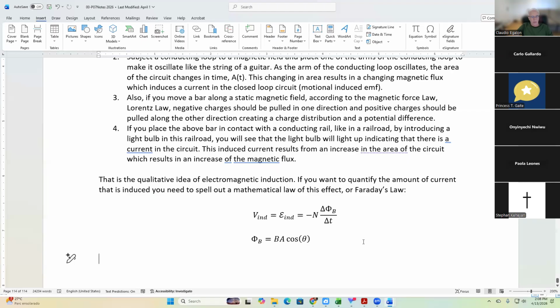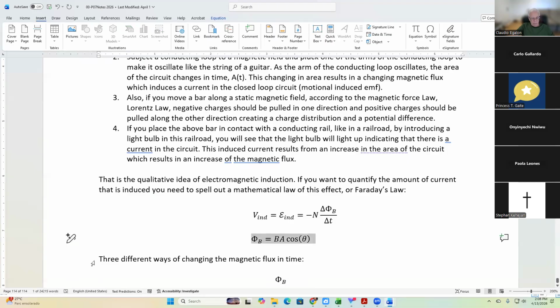Okay, so just by looking at this equation, you can see that we have at least three different ways of changing the magnetic flux in time, just by looking at the equation.